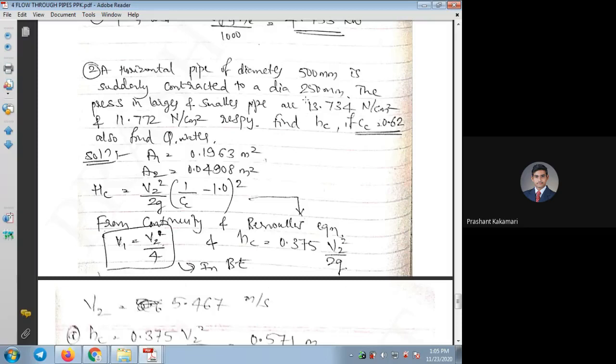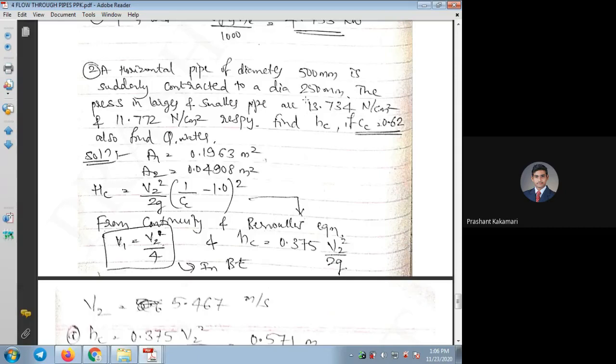So I think you can assume V1 in terms of V2 or V2 in terms of V1. You can write the results because we don't know either V1 or V2. But from Bernoulli's equation, we can get the relation between V1 and V2, not the answer yet.